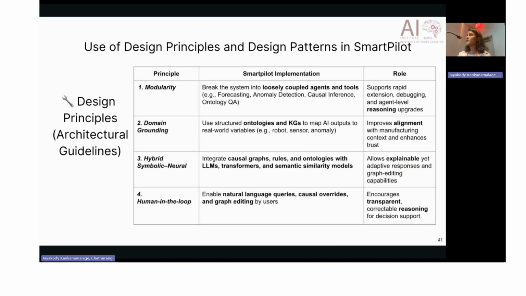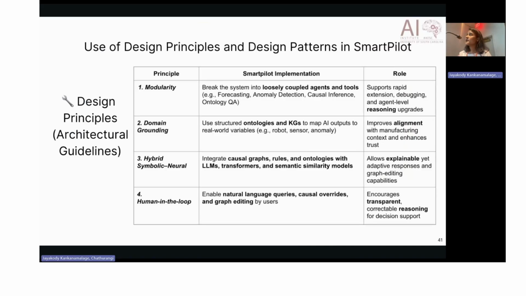For example, we have separate agents doing forecasting, anomaly detection, causal inference, and semantic matching, like ontology question answering. And using this, we have been able to support rapid extension, debugging, and agent-level reasoning, things like that.